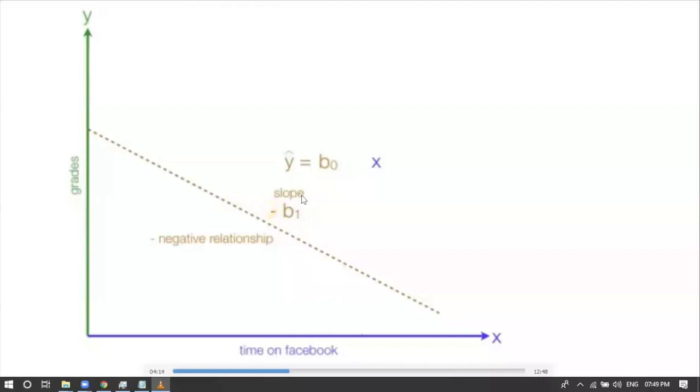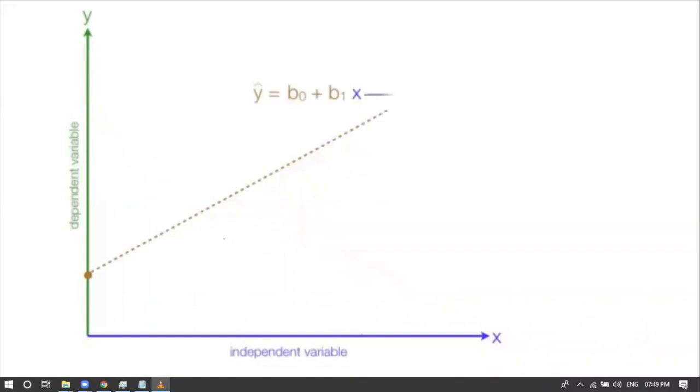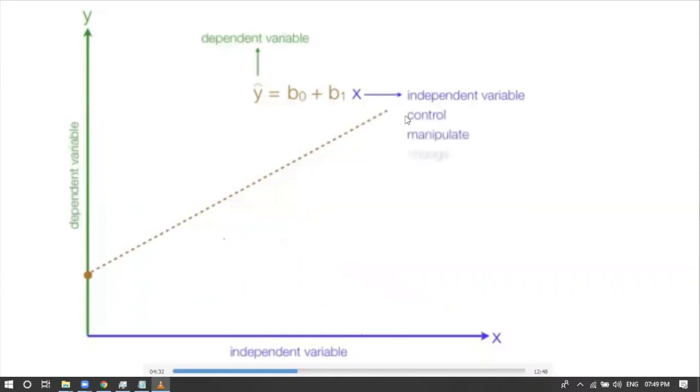So this is what you want to find out: y hat is equal to b naught plus b1 x, or y hat is equal to b naught minus b1 x. How do we even find it? x is an independent variable, so we can control, manipulate and change the value of x. On the basis of the value of x, we get different values of y.